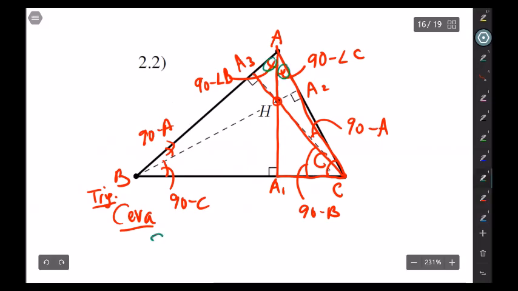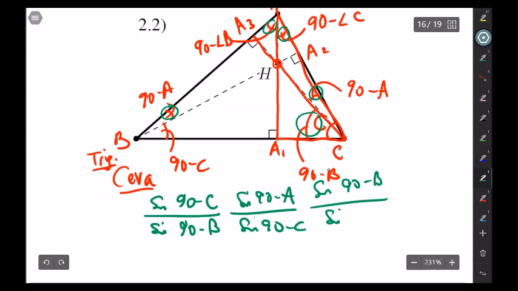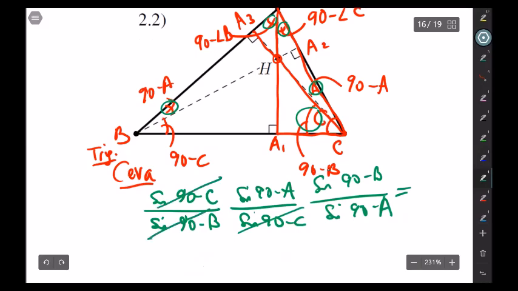This to this: sine of 90 minus C to sine of 90 minus B, times sine of 90 minus A divided by sine of 90 minus C, times sine of 90 minus B to sine of 90 minus A. If I can show this is equal to 1, then I'm done. But wait, this is perfectly symmetric. This cancels out with that one, this one with that one. Yes, it's 1. Done.